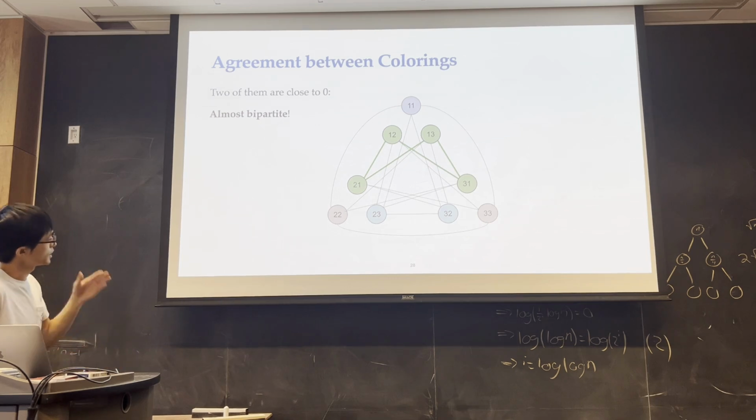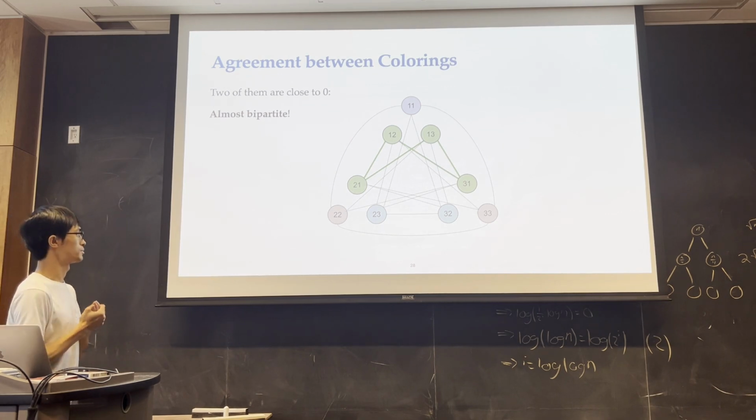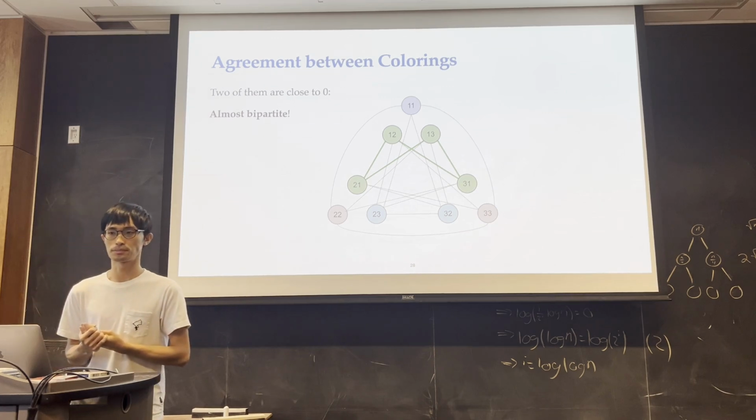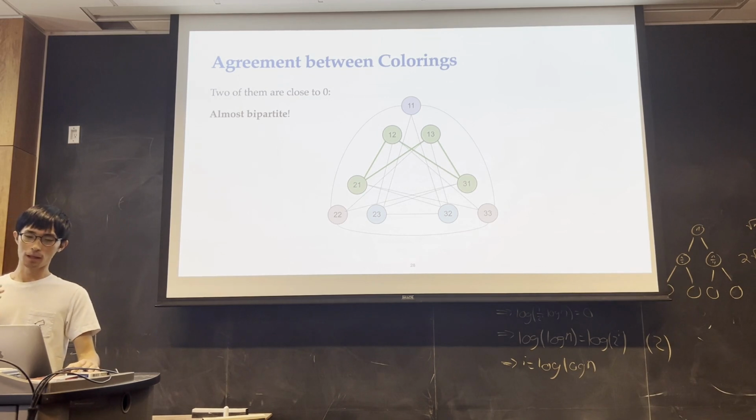So this is an example where we delete 2 triangles. So we're left with 4 vertices, and the 4 vertices are bipartite. So again, this is the claim that 2 distinct colorings plus expansion imply that the graph is almost bipartite.